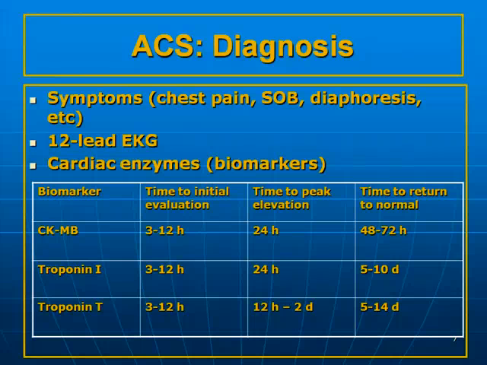It will return to normal. Whereas with troponins, those will remain elevated for up to 10 days. So patients that have had a history of chest pain 3 days, 4 days prior to admission, who had an infarct, the use of troponin there may be very helpful in terms of reaching a diagnosis of myocardial infarction.